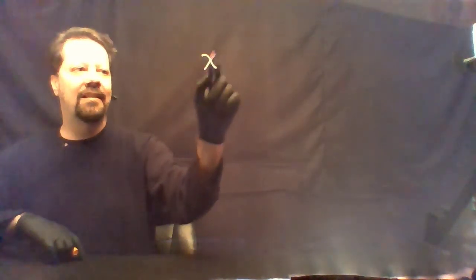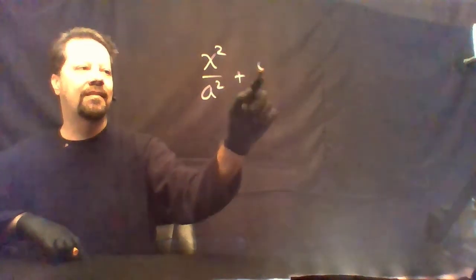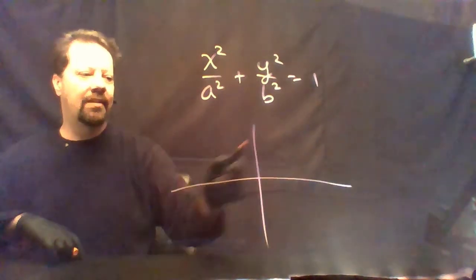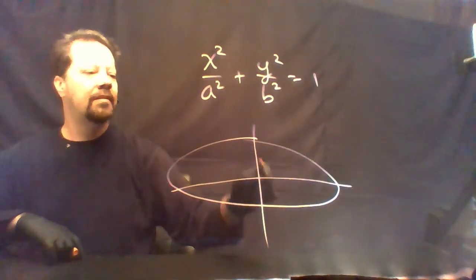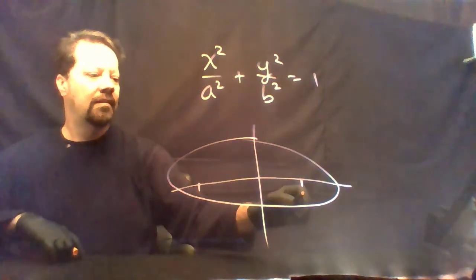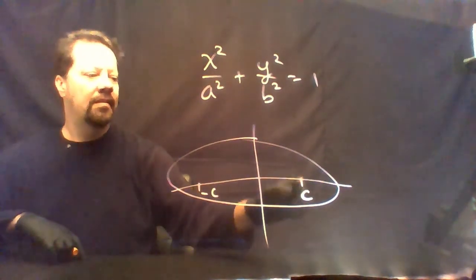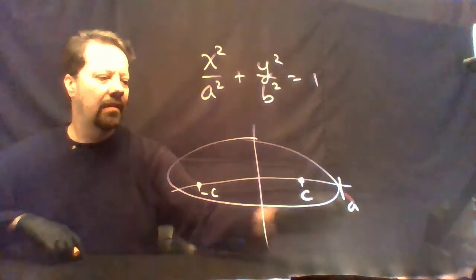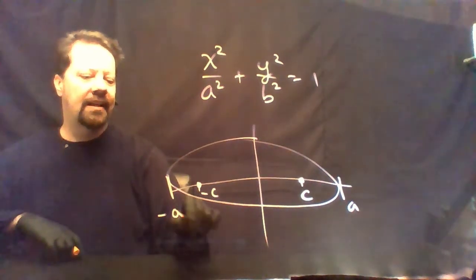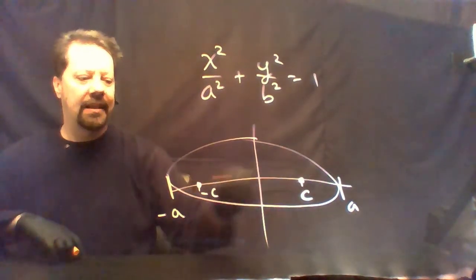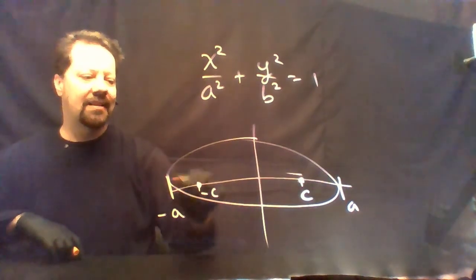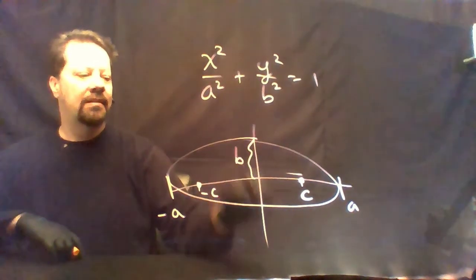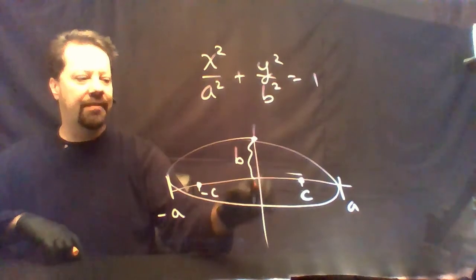One can easily derive the formula for ellipses centered at the origin. The foci at some points c and minus c, the vertices at a and minus a, so that the major axis has length 2a, the minor axis, the smaller of the two, has a distance b from the center.